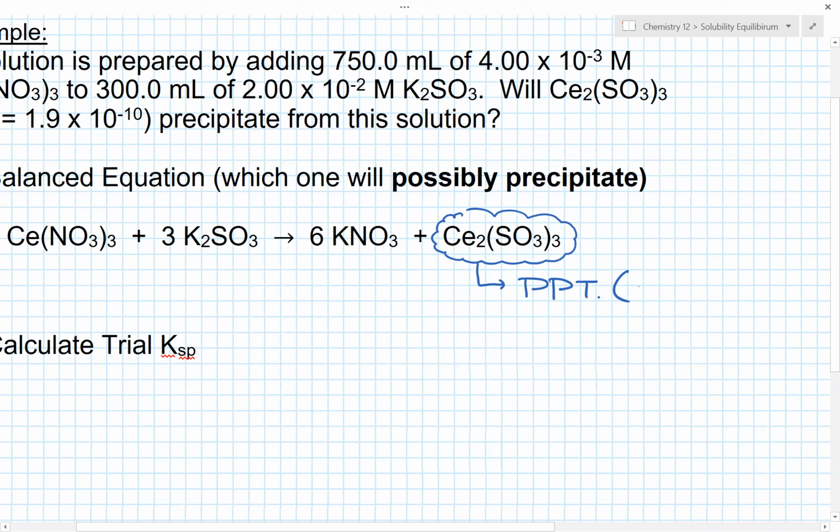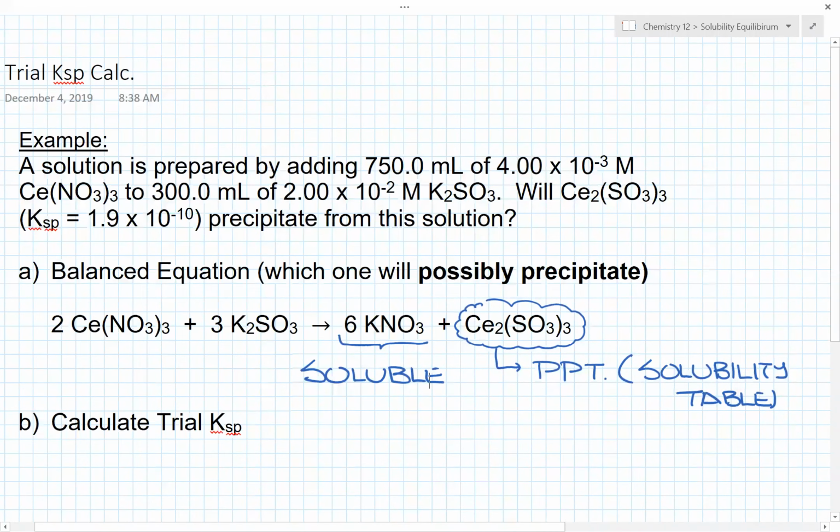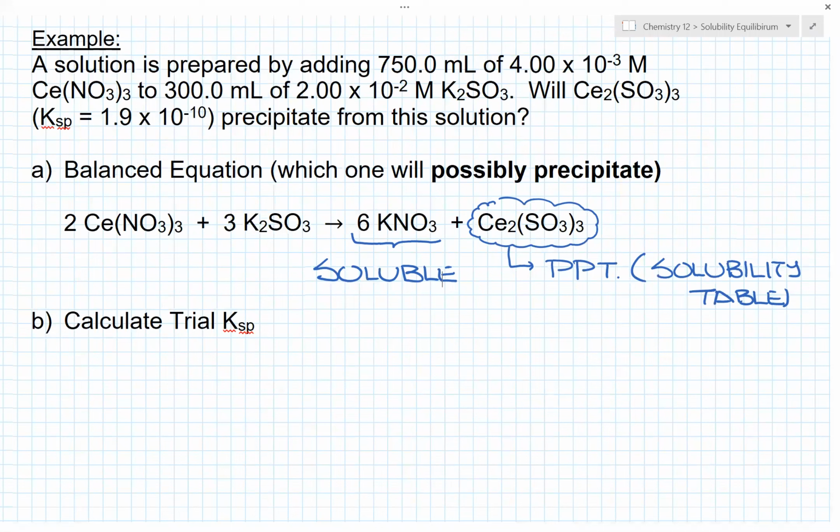This is from the solubility table. And here, this is soluble. Now, you might say, well, Mr. Chan, what if it's not on the solubility table? How can we figure it out?